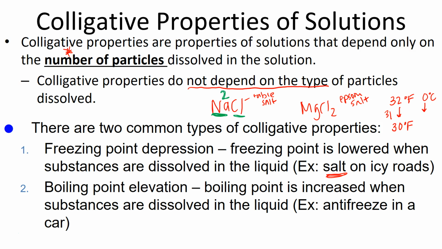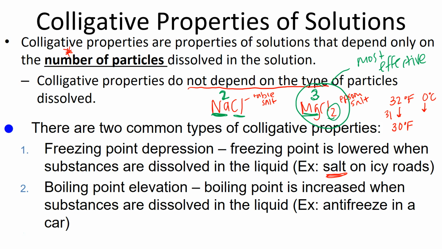Whereas magnesium chloride has one magnesium and two chlorines, so it's three. So magnesium chloride would be the most effective. If you're planning on dumping salt on your porch to make sure your steps don't freeze, you would want to use the Epsom salt instead of the salt you put on your French fries.